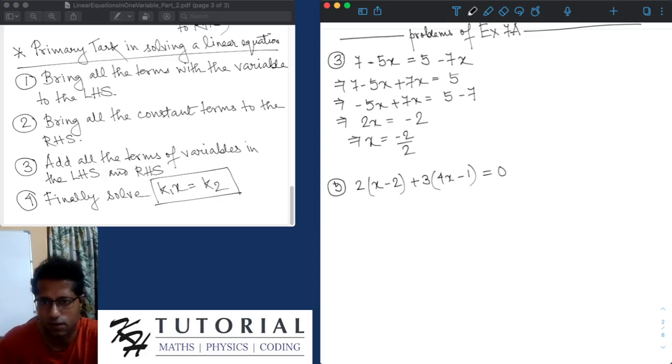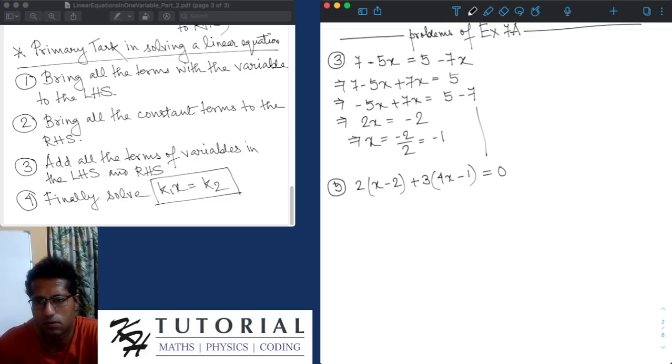Actually, what is happening behind the scenes is that we are multiplying both sides, LHS and RHS, by half. We usually directly say that x equals minus 2 by 2, which is minus 1.